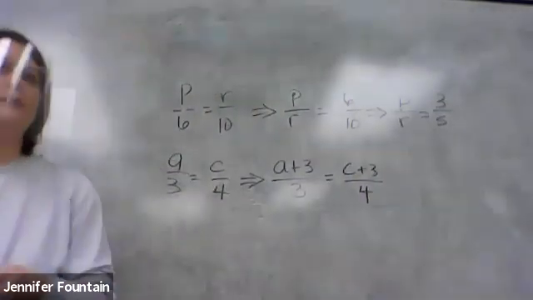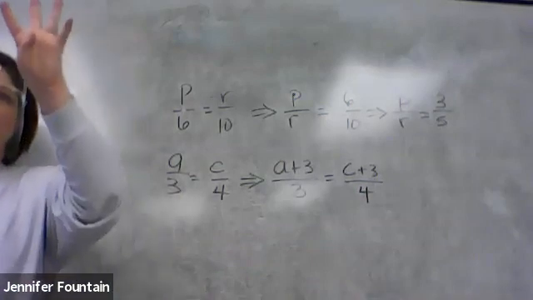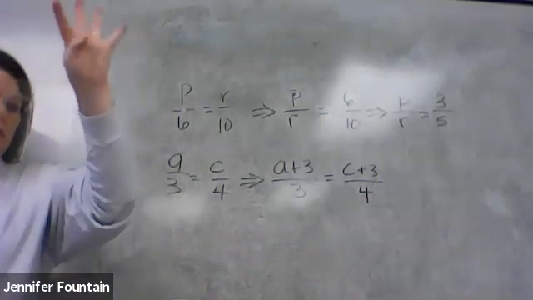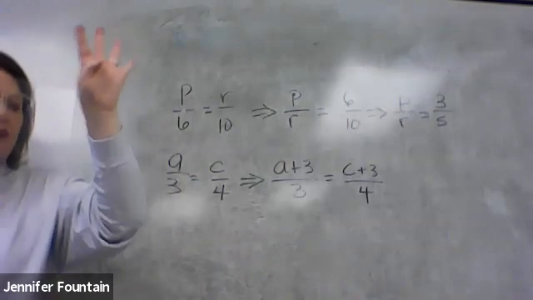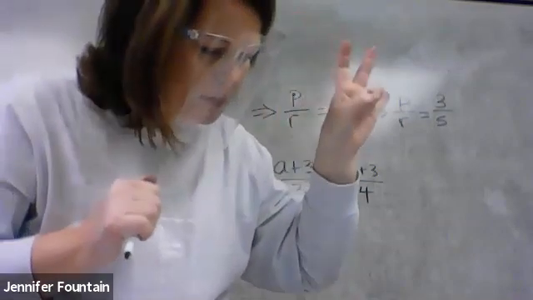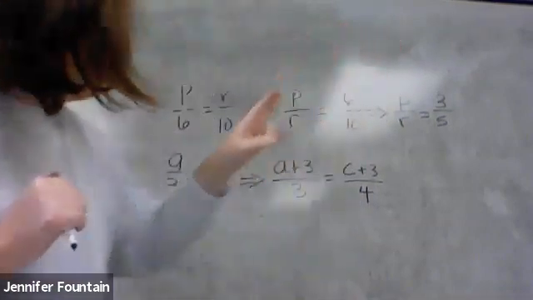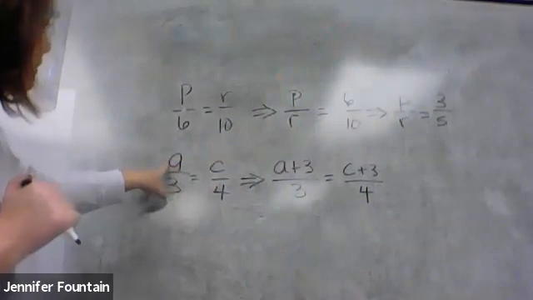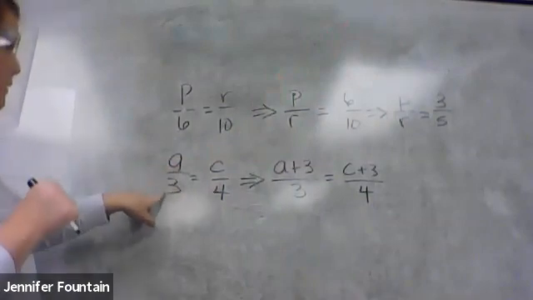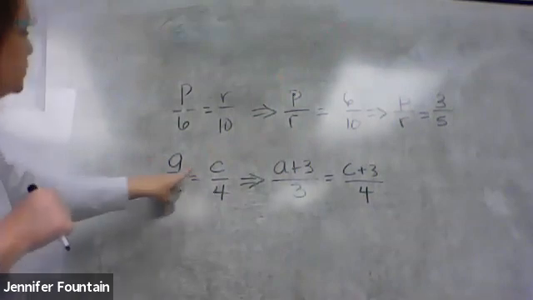Is this a true statement? Look at property number 4. Property number 4 says if A over B equals C over D, then A plus B over B is equal to C plus D.